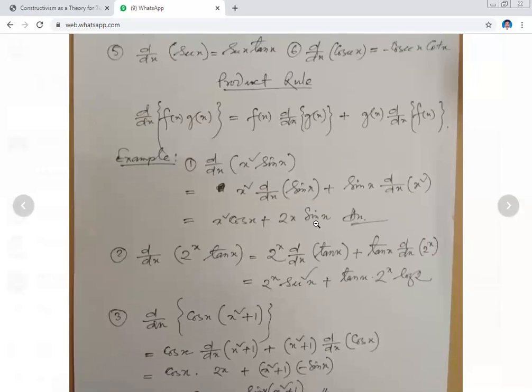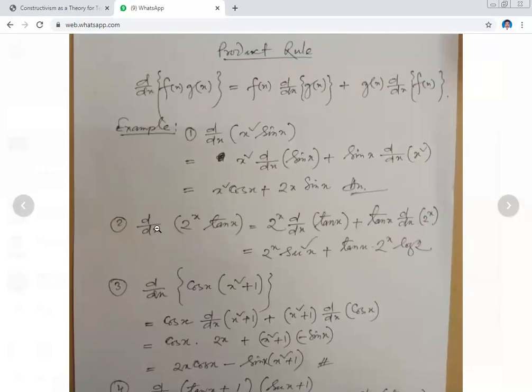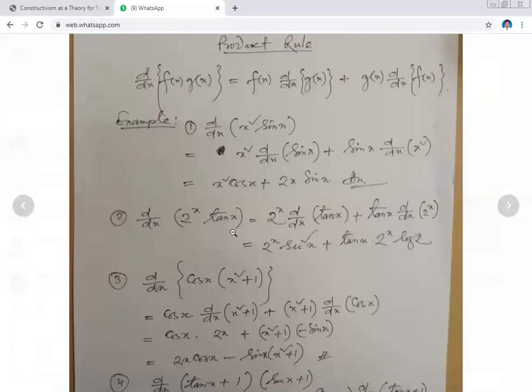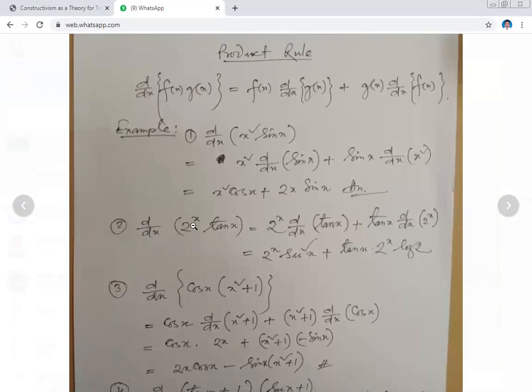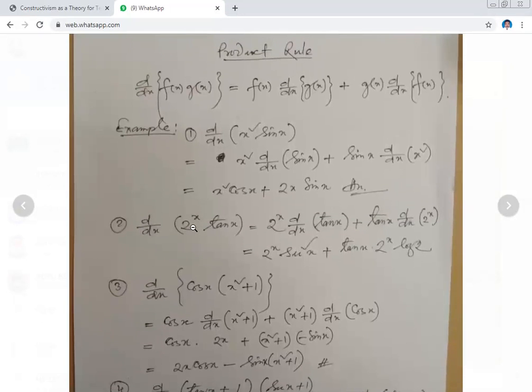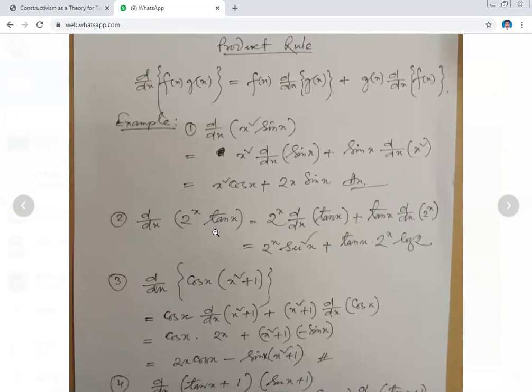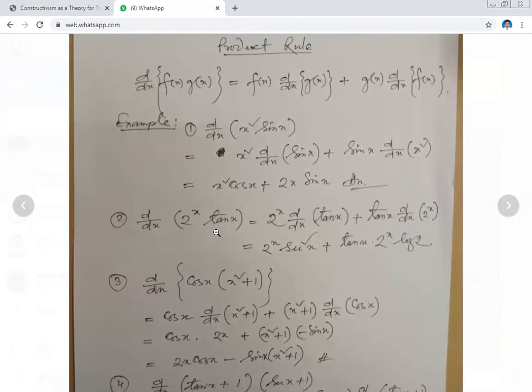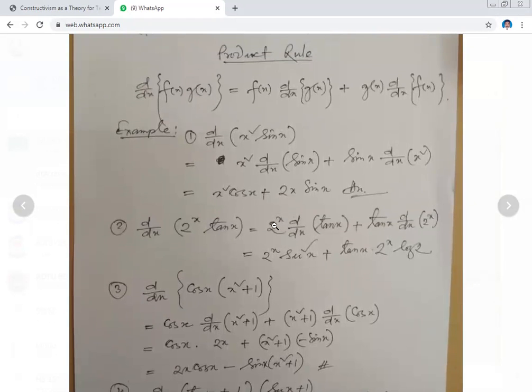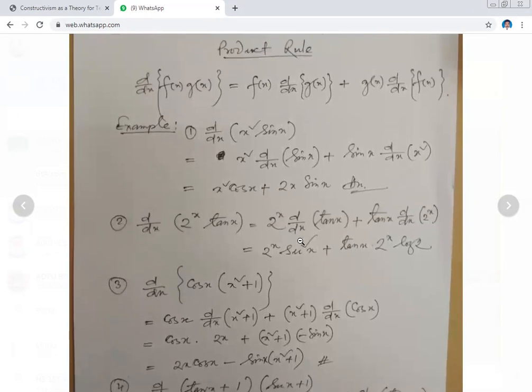Similarly, the second example, you see ddx of 2 to the power x into tan x. As a whole, you do not have any formula. But 2 to the power x is an exponential function, and tan x is another, trigonometric function. So it is a product of two functions, so you have to move with the product rule. 2 to the power x is the first function, tan x is the second function.